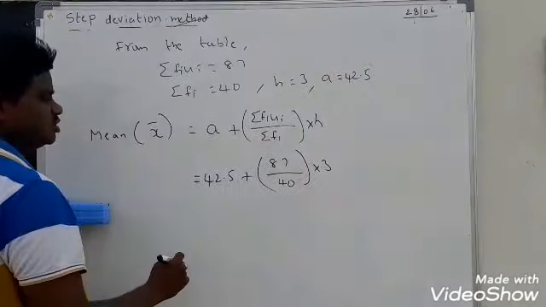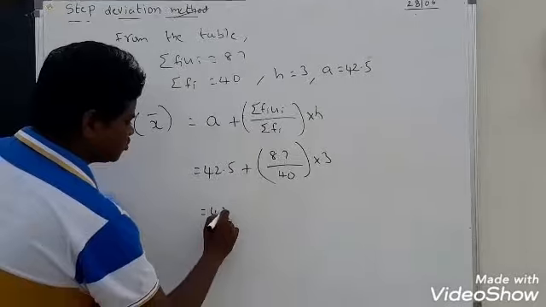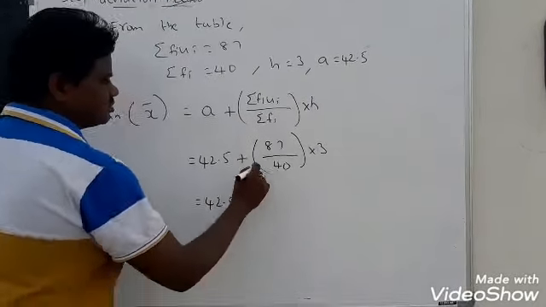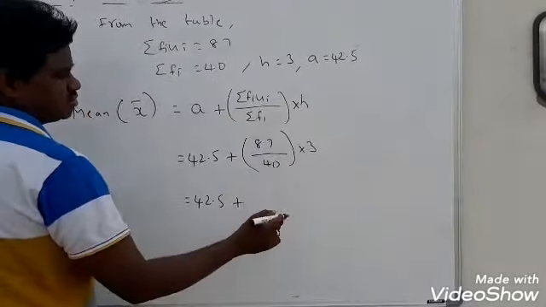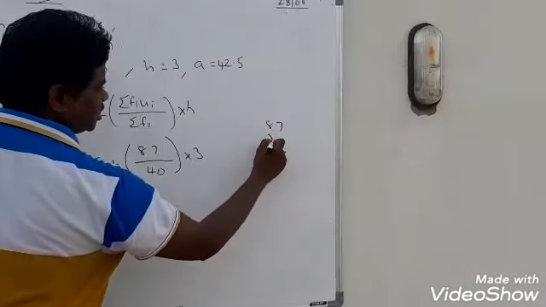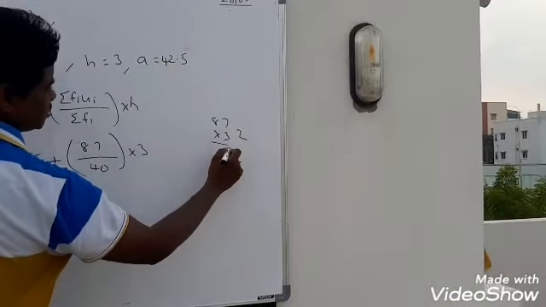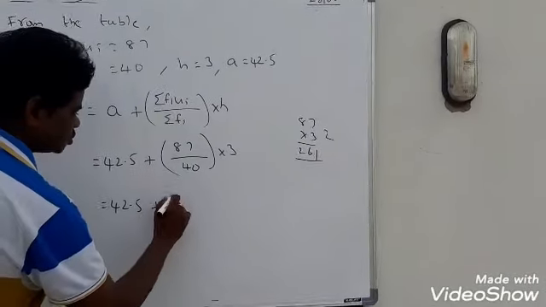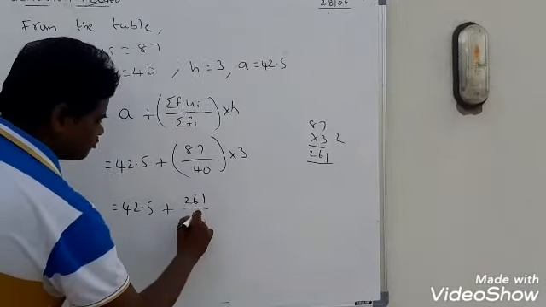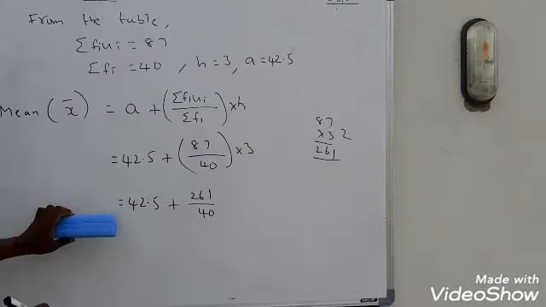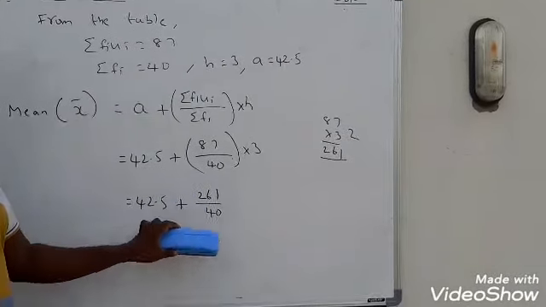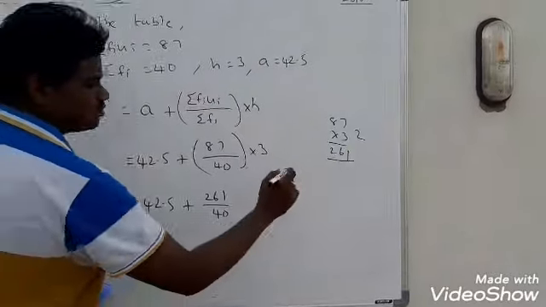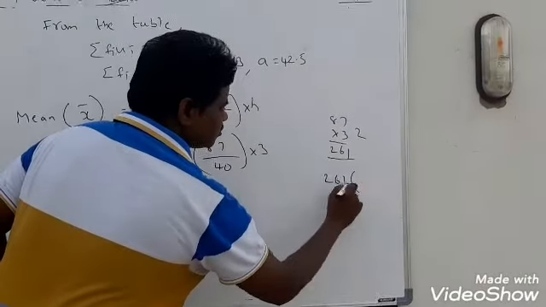Is there any cancellation? No, so you multiply 87 into 3: 3 sevens are 21, 3 eights are 24, 24 plus 2, 261. So 42.5 plus 261 by 40. After that you do the division with 40.